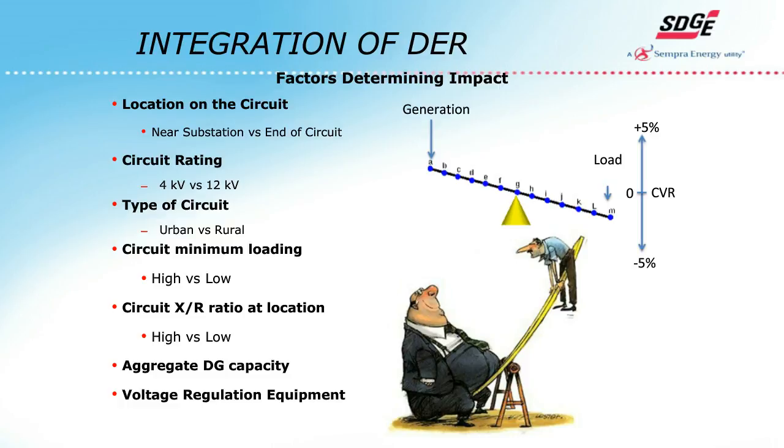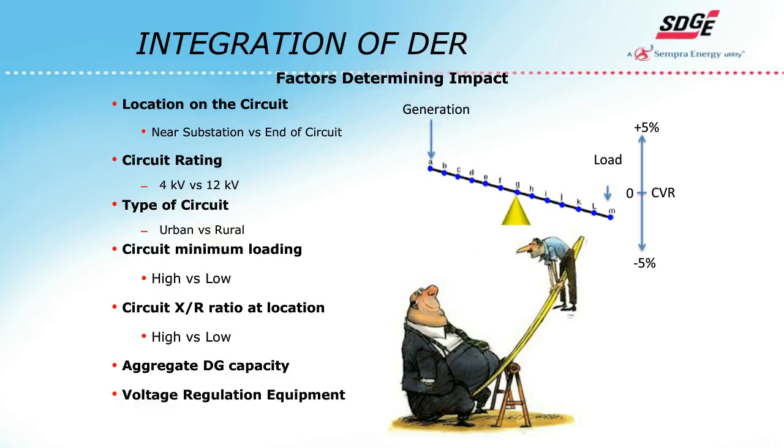Once the big generator jumps on, it raises the voltage. You can see here the nominal plus or minus 5% ANSI Range A. And if you operate under a CVR environment, you're typically operating from 0 to minus 5 volts. But fundamentally, these are some of the major issues that determine what impact, if any, DER will have.